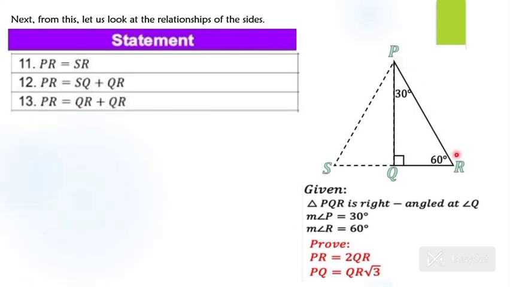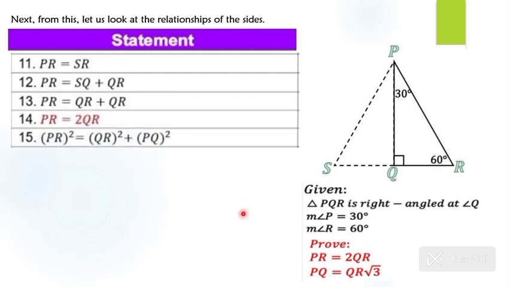Next, PR is equal to QR plus QR. This is according to the substitution property. Since we know that our SQ is just equal to our QR, then we could also say that QR plus QR is also equal to our PR.